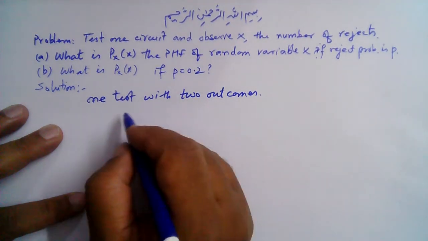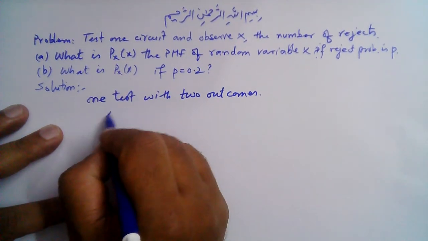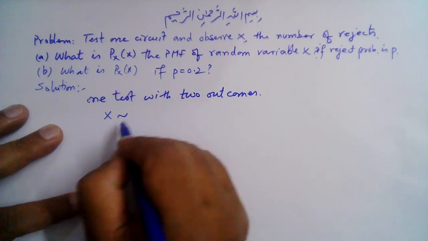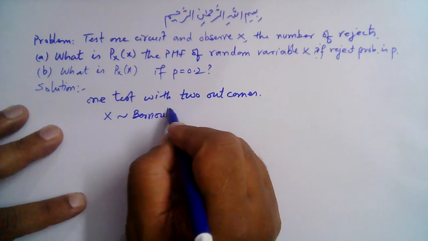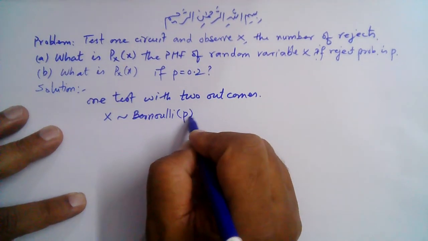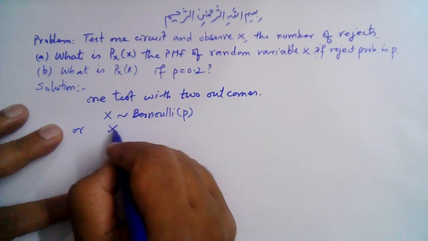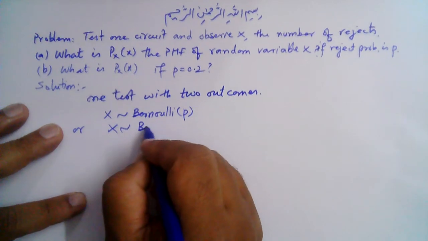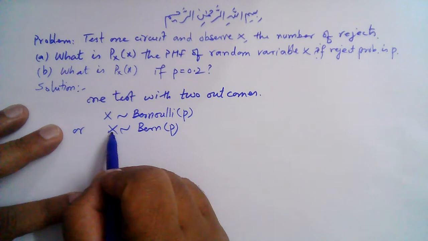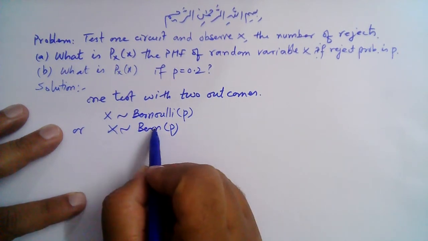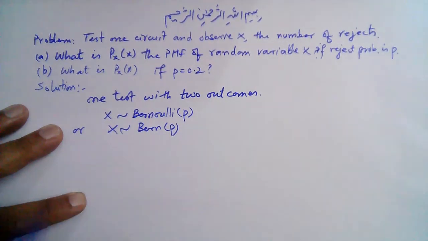So we say that X is distributed as a Bernoulli random variable with parameter p, or we can simply shorten this as Bern(p). So this is tilde, and this is read as X is distributed as Bernoulli random variable with parameter p.